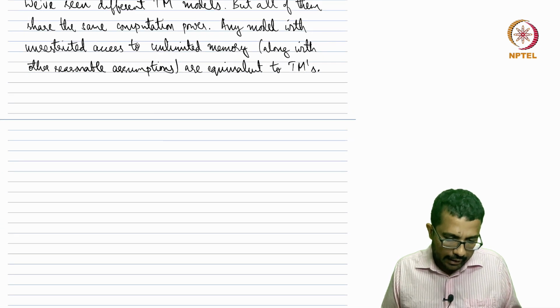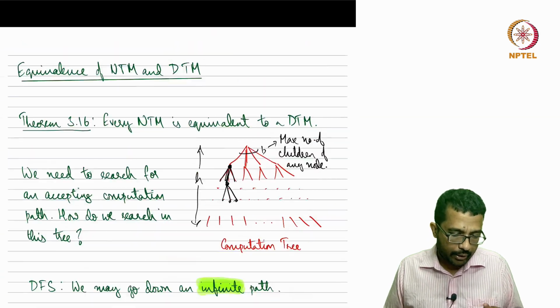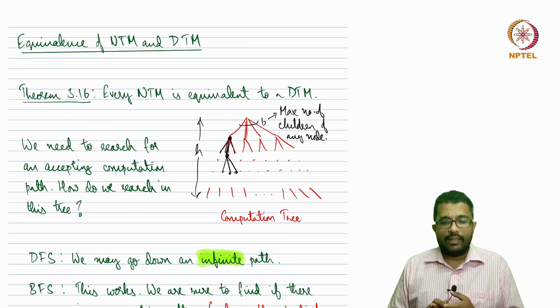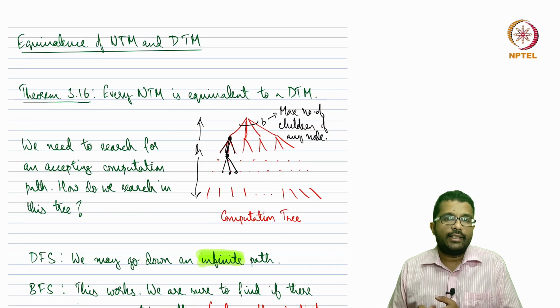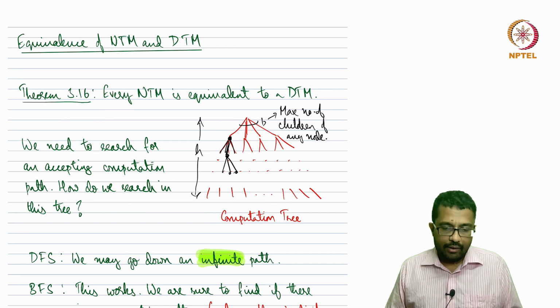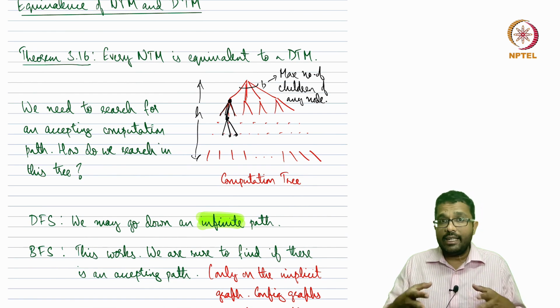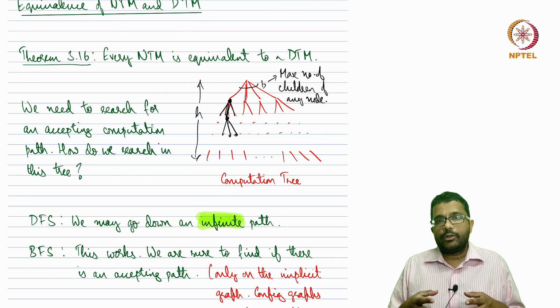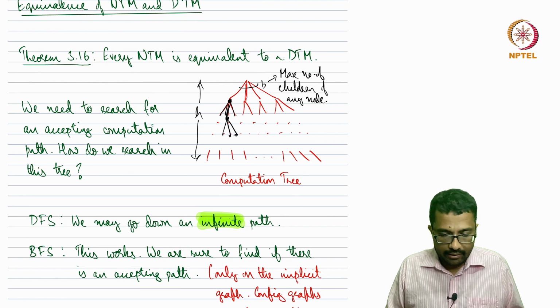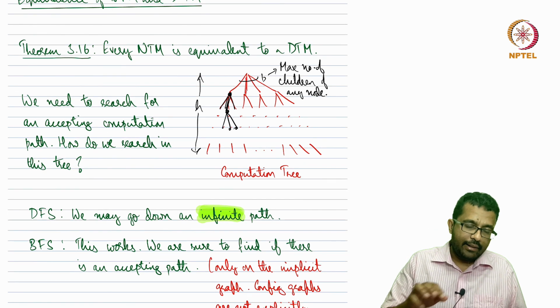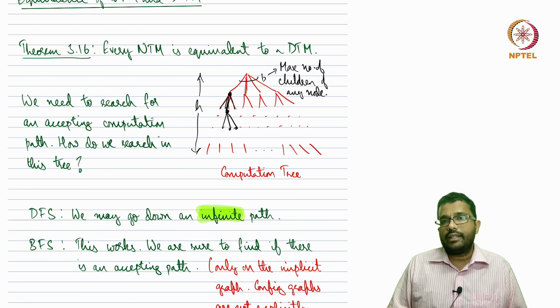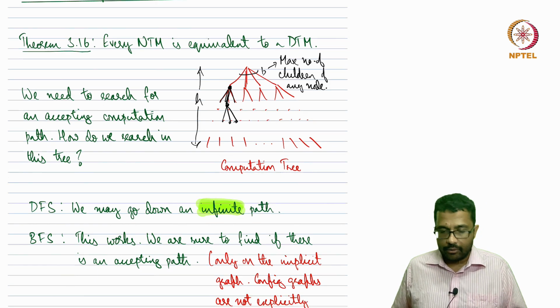I think that is all I have in lecture number 31. We first spoke about the equivalence of non-deterministic and deterministic Turing machines. We had to simulate a non-deterministic Turing machine with a deterministic Turing machine. We said depth first search does not work, and we tried the breadth first search approach and formalized it.